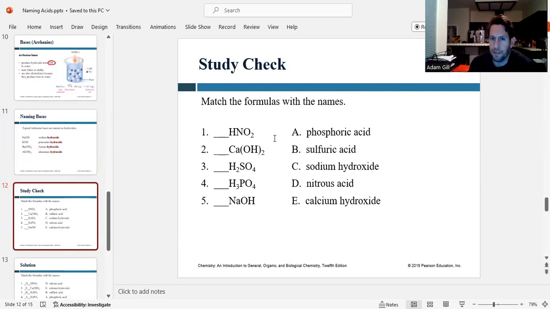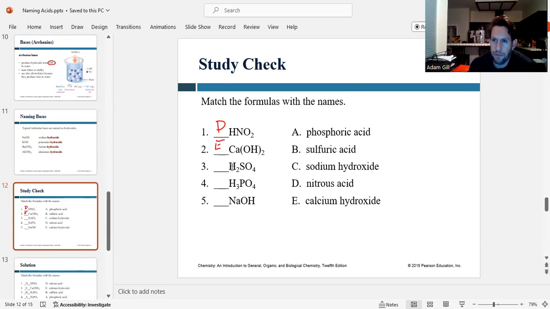Let's do a quick study check here. Match the formulas with the names. HNO2. Well, it has a hydrogen out front, so it's definitely an acid. And NO2 is nitrite, so this should be nitrous acid, D. And then this is calcium hydroxide. So that was easy. And that's a base. H2SO4.